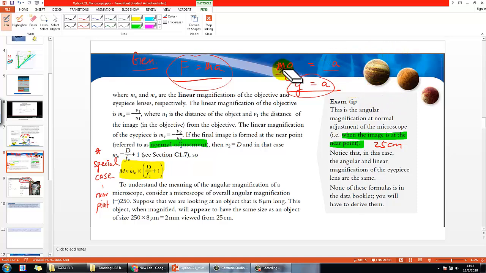Same for our case here, back to this situation, this equation is a special case. That means you cannot abuse it anytime for microscope. It's only true and only convenient to you when it is this special case, when the image is forming at the near point. The way to prove it is very simple.